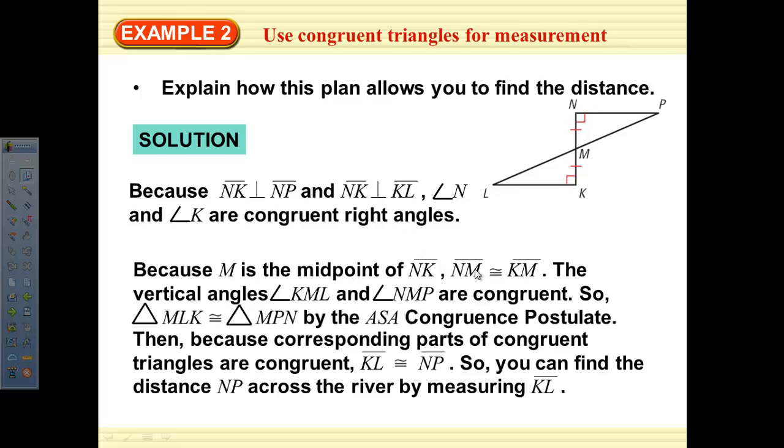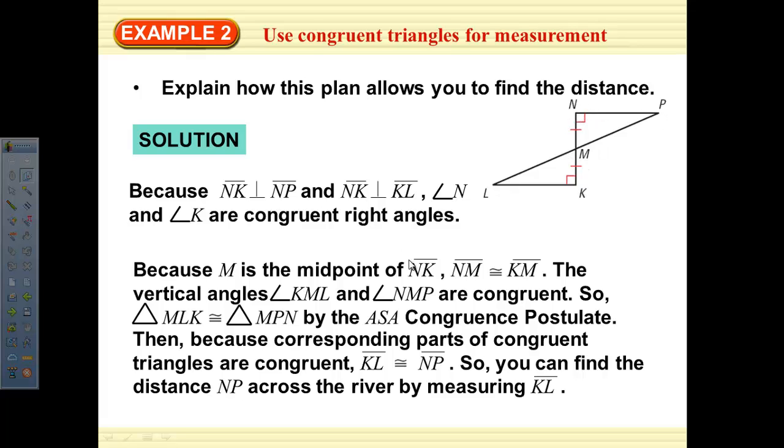We know M is the midpoint, so NM and KM are congruent, and the vertical angles are congruent, so the two triangles are congruent by angle side angle. Because of CPCTC, KL and NP are congruent. If we measure LK, that's going to be the same as the distance across the lake, which is NP.